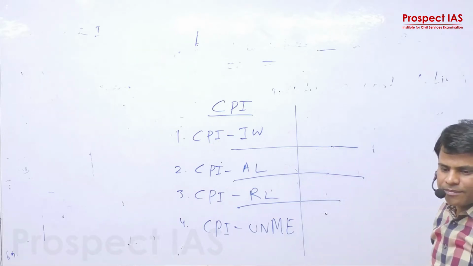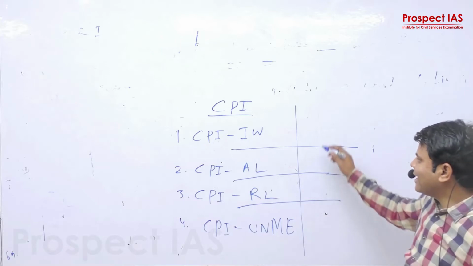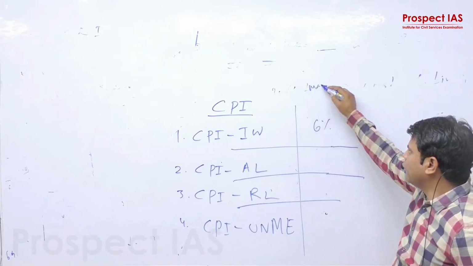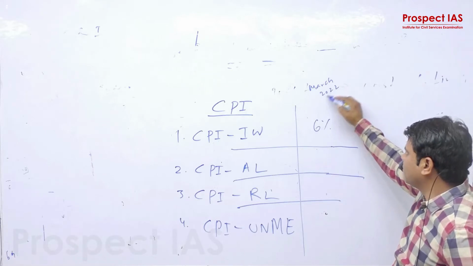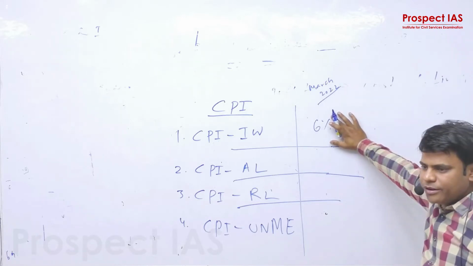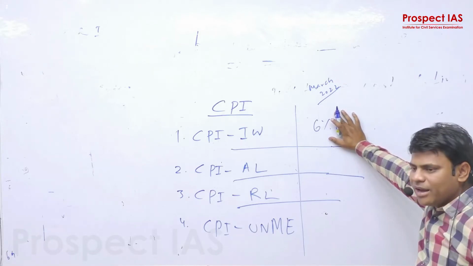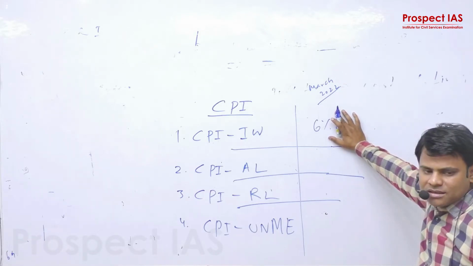So if you find that CPI IW is 6%, let's suppose in the month of March 2022, let's suppose this is what you find in the newspaper. The newspaper is saying that CPI IW for the month of March 2022 is 6%. What does that mean?